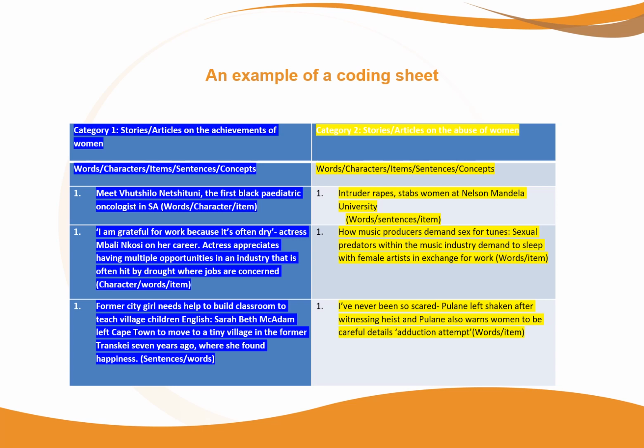Okay, here I've provided an example of a coding sheet from a particular study. This researcher had two categories for their research. Category 1 is labeled stories on the achievements of women, and category 2 was dealing with abuse of women.